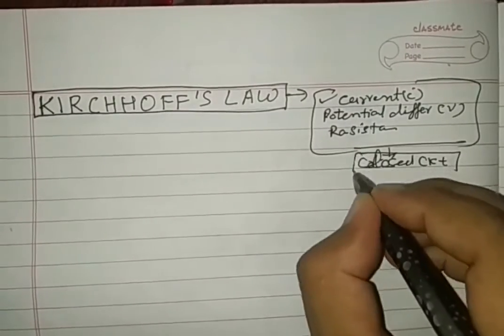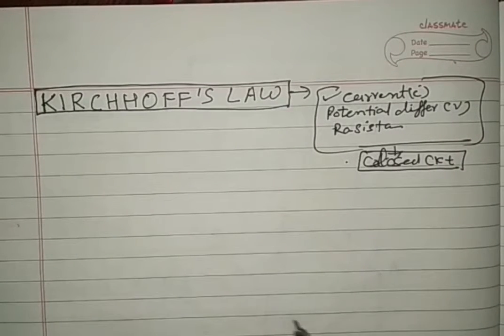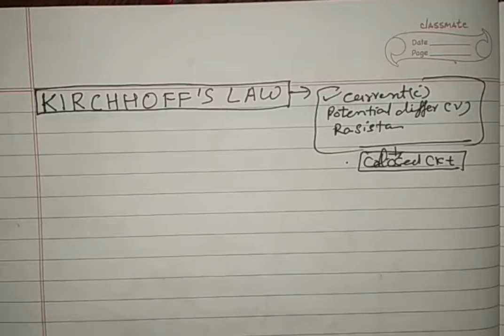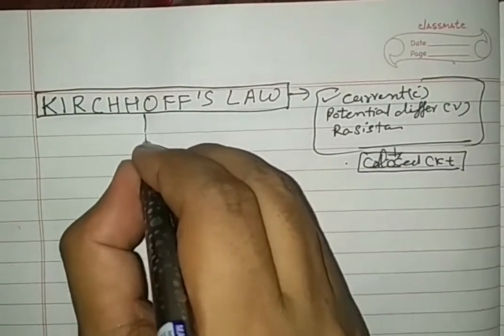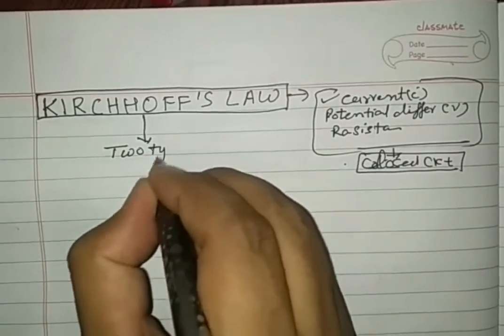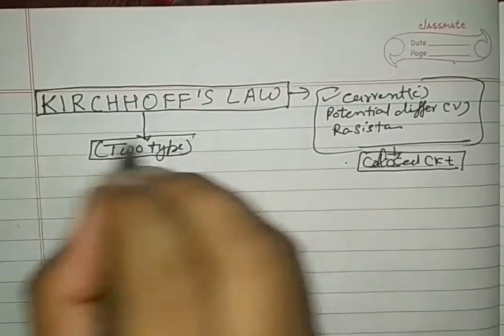In any closed electrical circuit, if you want to calculate the value of current, potential difference, or resistance, Kirchhoff's law is used. Kirchhoff's law is of two types.